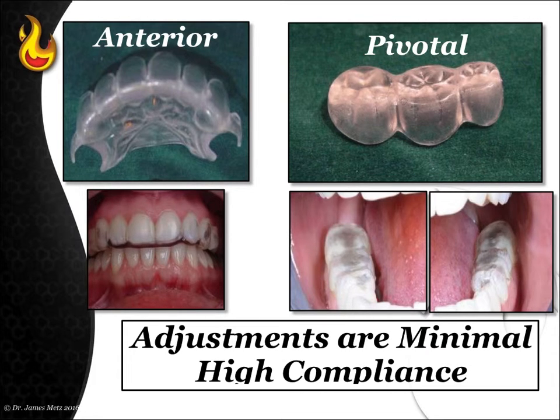Once they have been screened and you see whether there's a problem with upper airway resistance or there isn't, and if they start to have sleep disordered breathing, the correct thing is to move them into a Herbst or a sleep appliance and not stay on a bite plane.